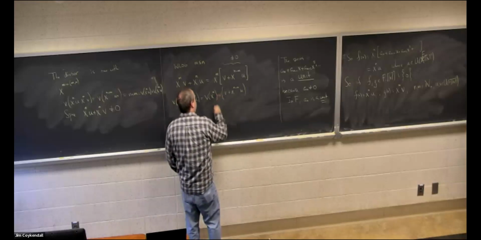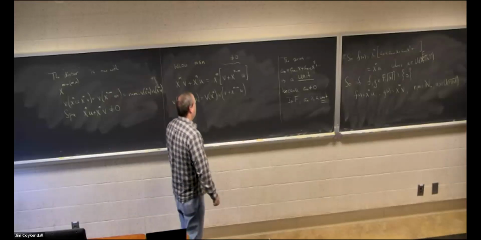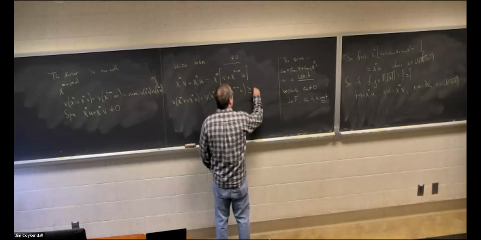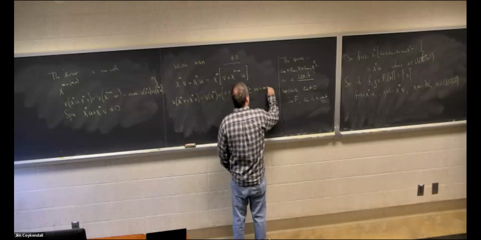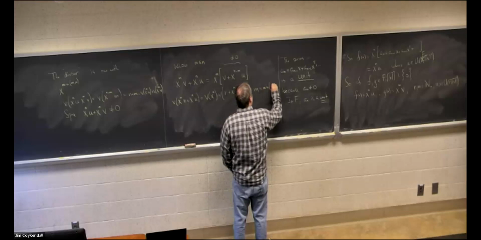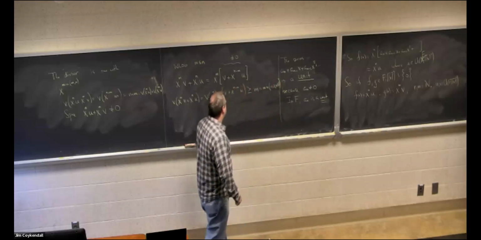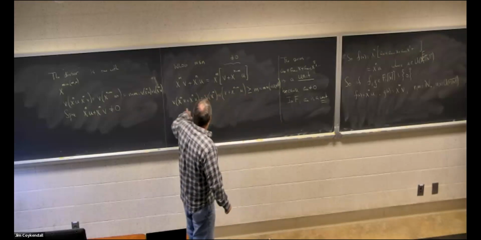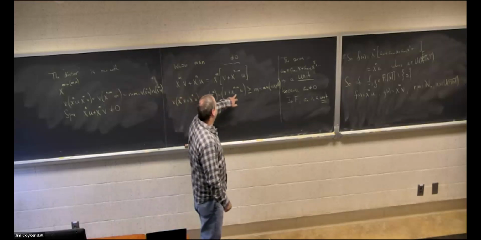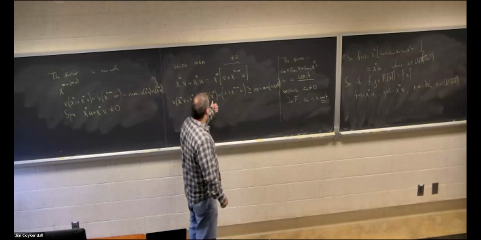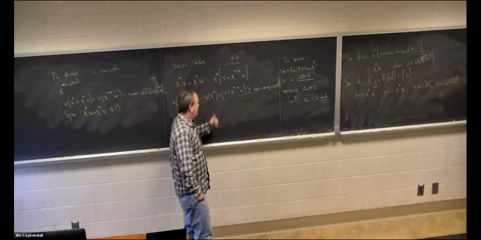This is greater than or equal to the minimum of the two values. Right? Because I can pull out an X to the M here, leaving me with this mess right here. And so the value is at least the value of the one that I can pull out, which is the minimum. Do I agree with that?